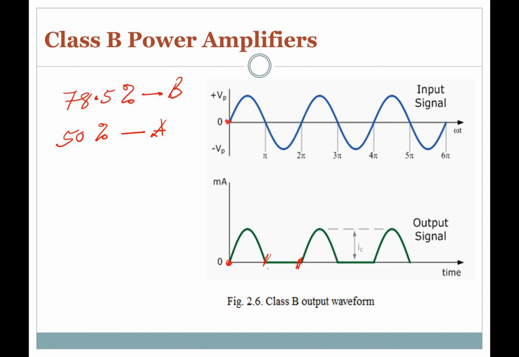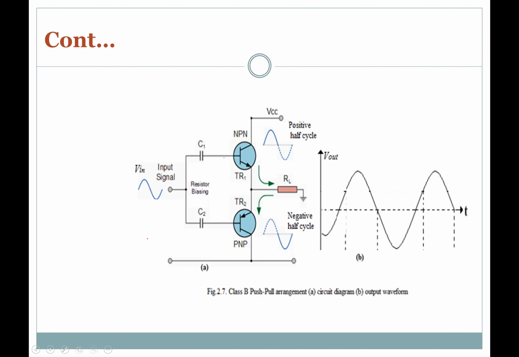Now the reality of the matter is that a single class B element is rarely found in practice. So normally a practical circuit using class B elements is a complementary pair where you have an NPN and a PNP, or in some cases it is termed the push-pull arrangement.